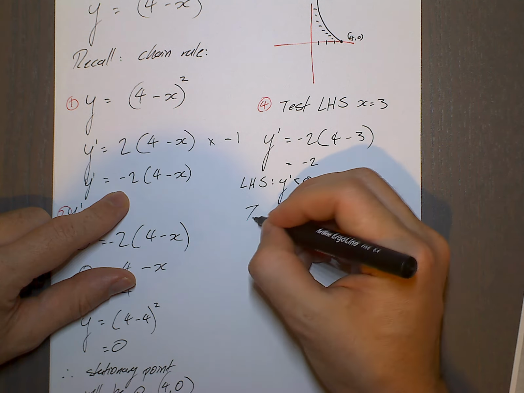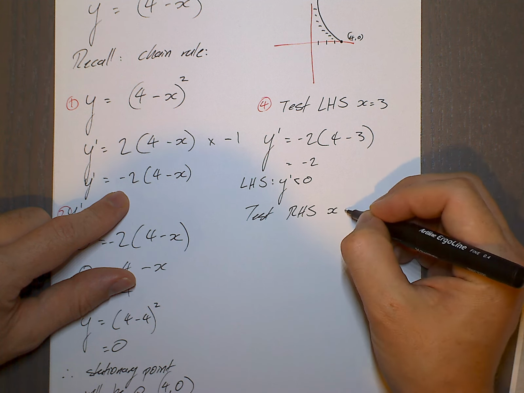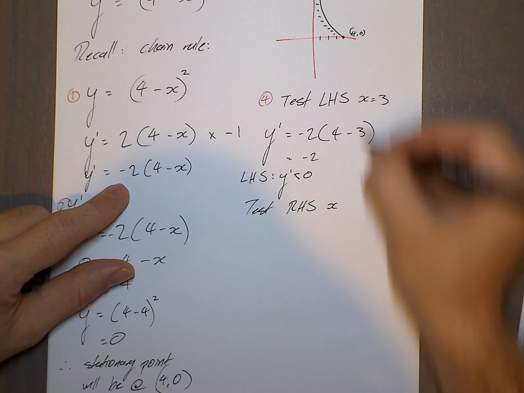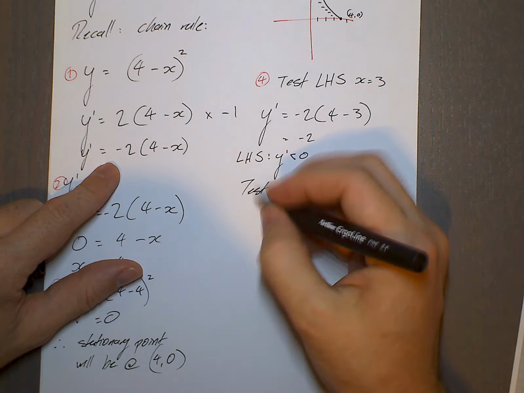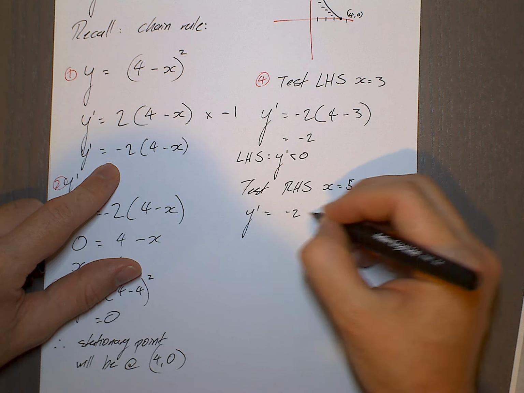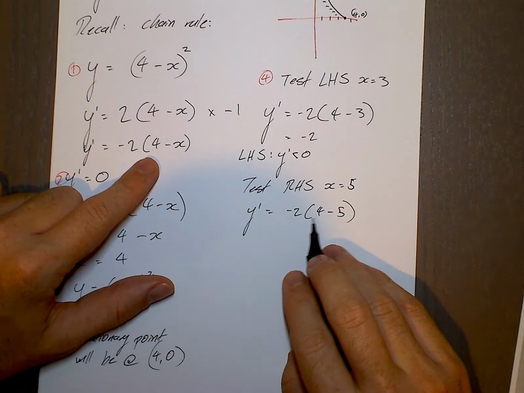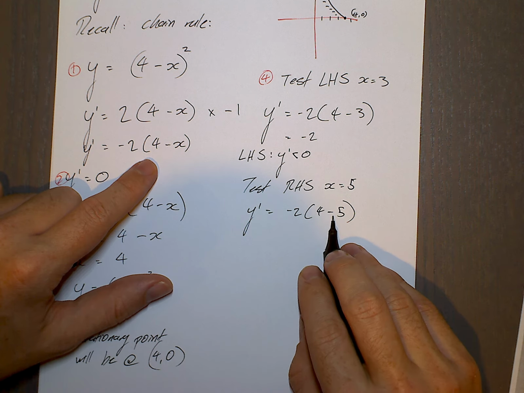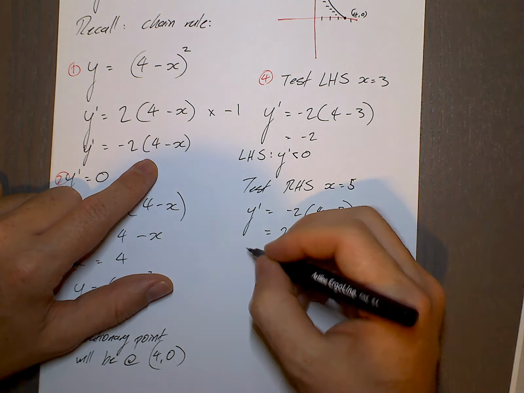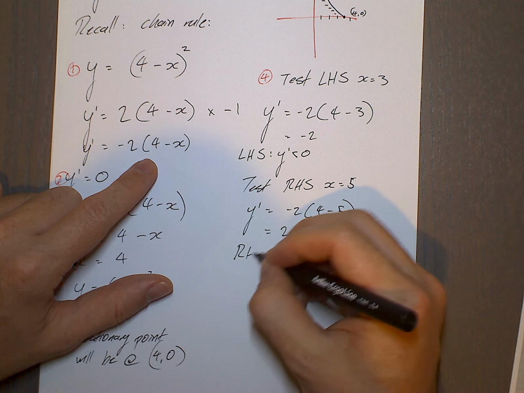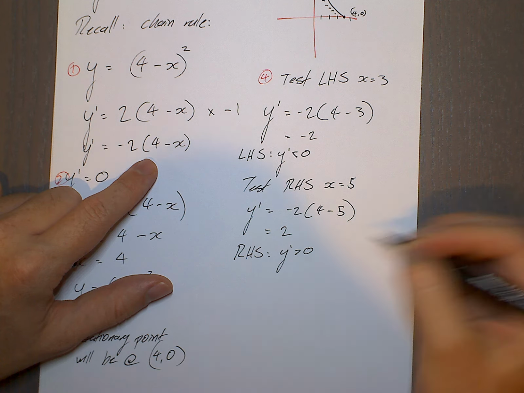And let's test for our right-hand side, where x will equal, let's go 1 that way, x will equal 5. Let's put that in. y dash equals minus 2, 4 minus 5. 4 minus 5 is going to be minus 1. Minus 1 times minus 2 will be positive 2. So on our right-hand side, our y dash is greater than 0.